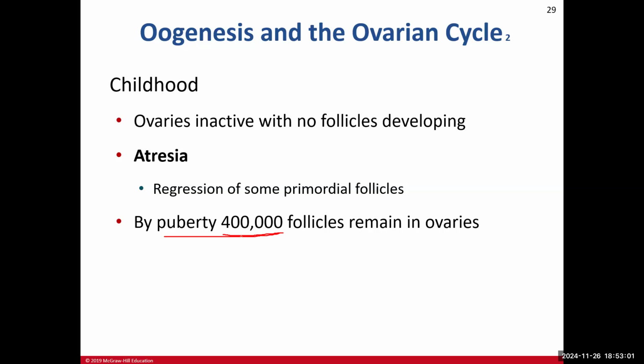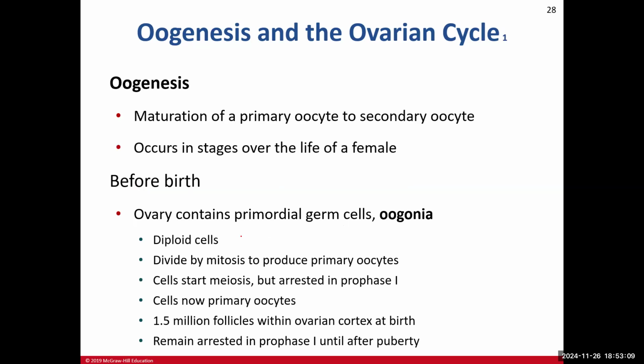Enough to last several lifetimes, right? But eventually you're not going to keep ovulating until the day you die. Obviously, you're going to enter into menopause, which we'll talk about in this chapter. But let me jump back into what I was talking about.